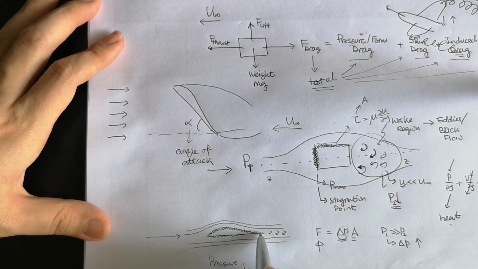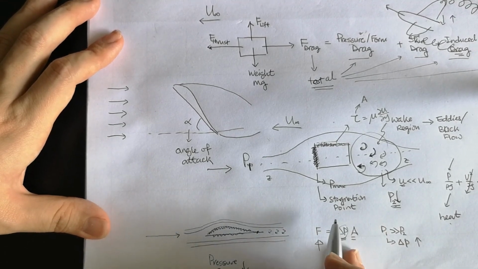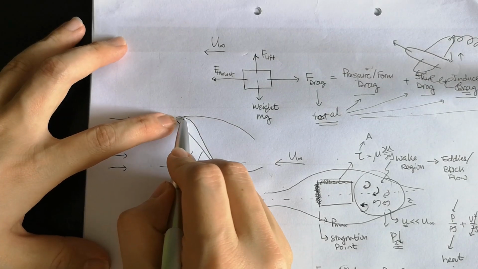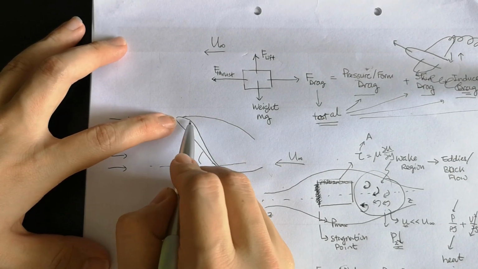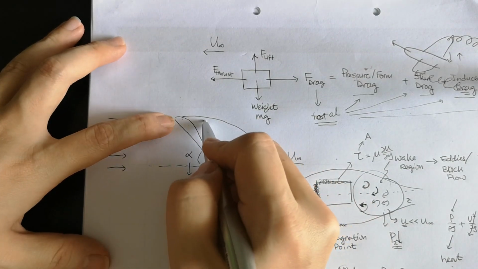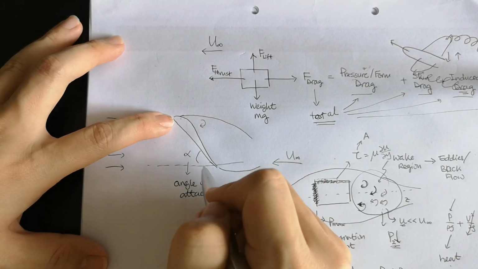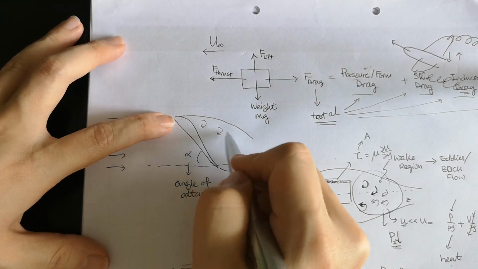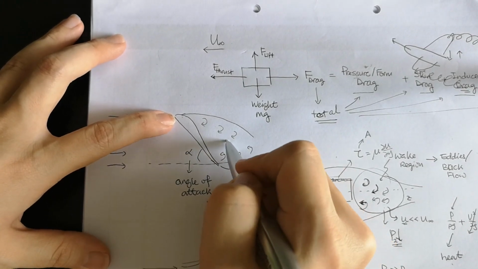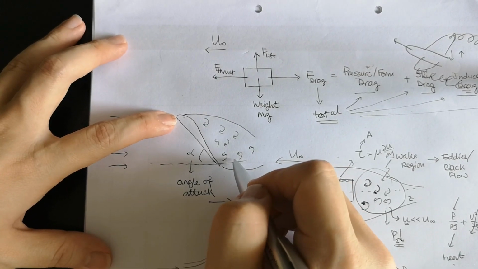Usually for a thin object, the separation point occurs towards the end of the object. But when you have a thick object like this, most of the time the separation point will occur earlier, let's say somewhere here. When the separation point is shifted earlier, the backflow region becomes wider or bigger, and this region will produce a very low pressure.